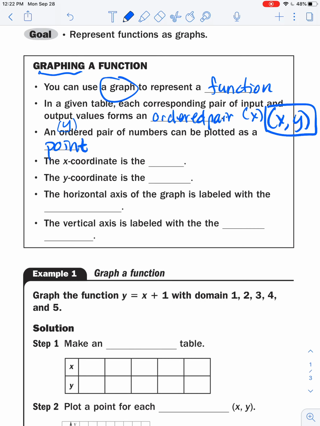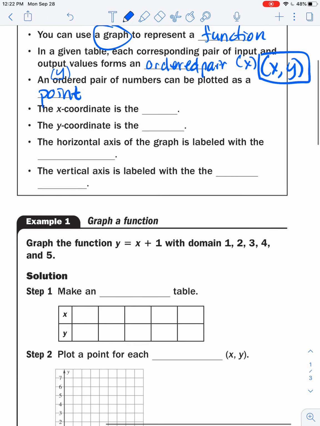An ordered pair of numbers can be plotted as a point. So I'm going to put a point on the graph that represents that ordered pair. The X coordinate is whatever the input is, and the Y is your output from the function.